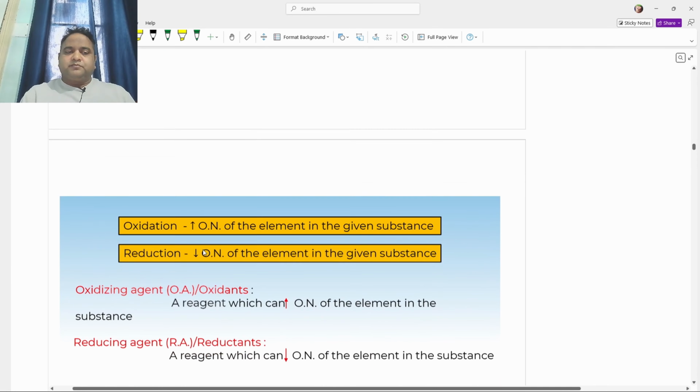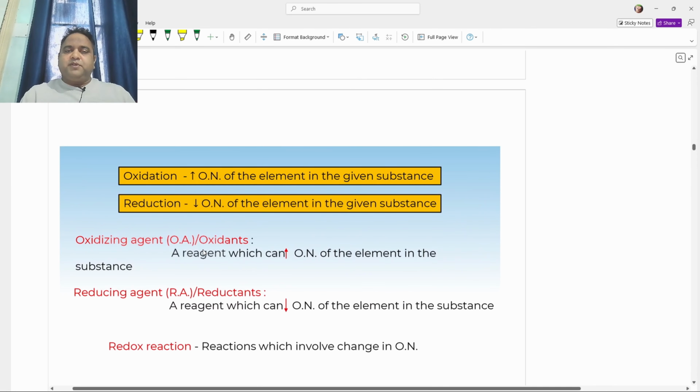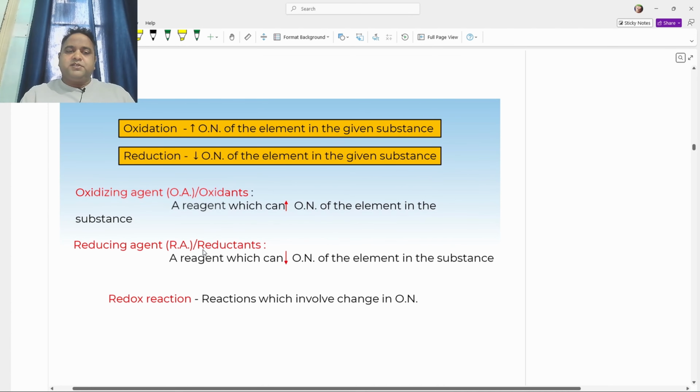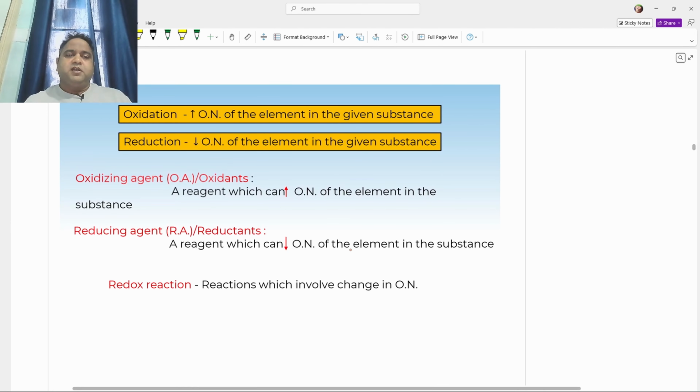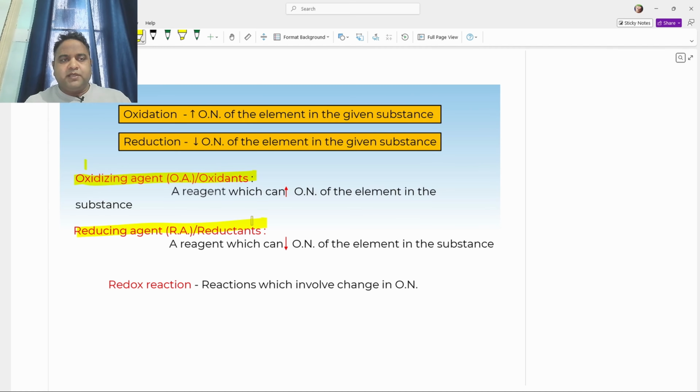SnCl2. Increase in oxidation number is called oxidation, decrease in oxidation number is called reduction. Now we will discuss oxidizing agent as well as reducing agent. What do you mean by oxidizing agent and what do you mean by reducing agent? Directly, this is the definition.